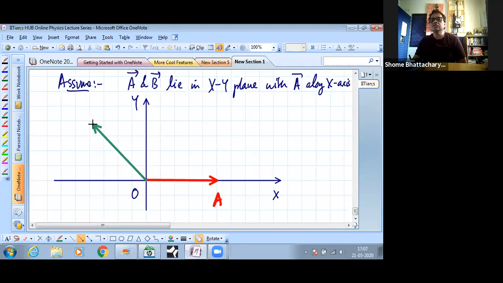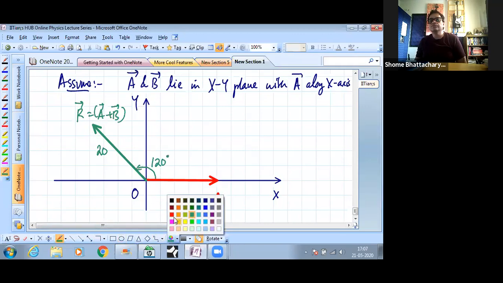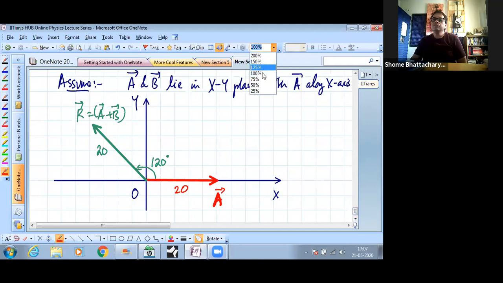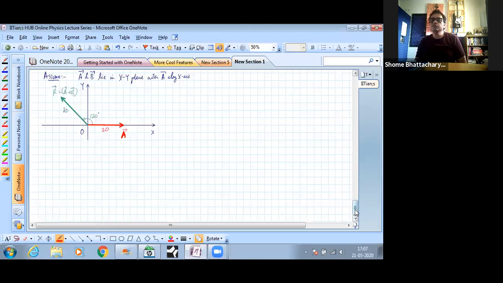This is the vector which is the resultant of A and B. This is A plus B. And using the information above that the resultant is also magnitude 20 units and is making an angle of 120 degrees with respect to A, that means this angle here is 120, whereas the original vector A was 20. Okay. So this is how I am incorporating the information given in the question.